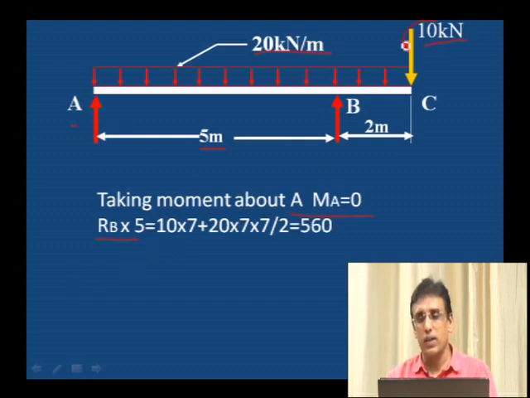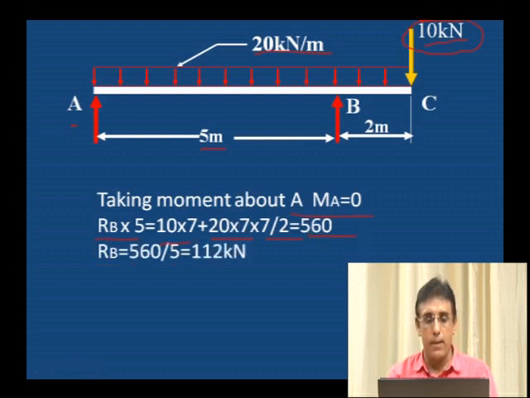First we will consider this 10 kilonewton into distance from A to C, which is 5 plus 2, 5 plus 2 is 7, 10 into 7 plus 20 into 7, which is the total load acting throughout its length, 20 into 7 into 7 by 2, which acts at the center of the 7 meter. This is the total moment, 560 kilonewton meter. Therefore, RB is equal to 112 kilonewton.